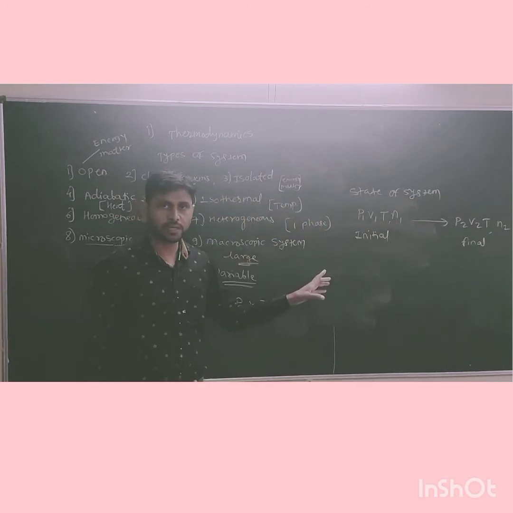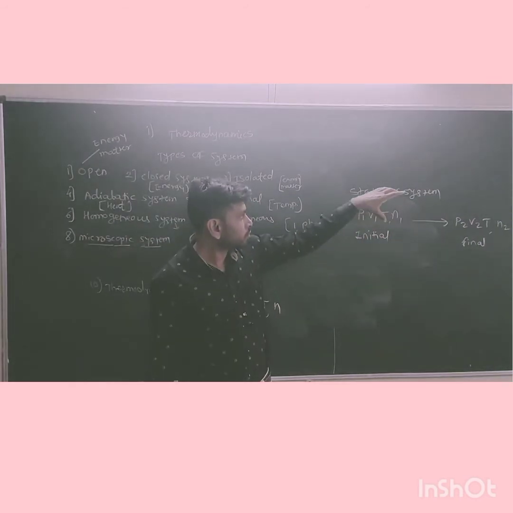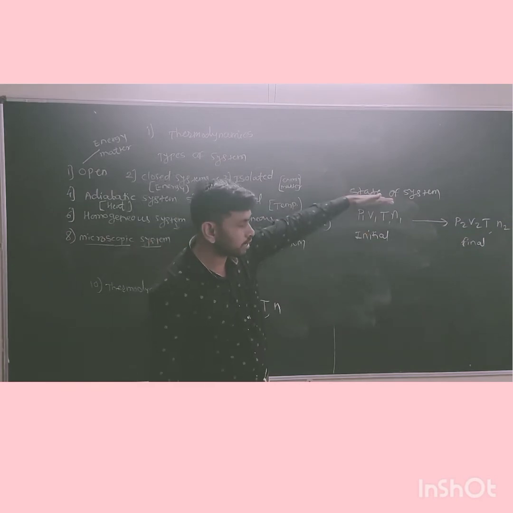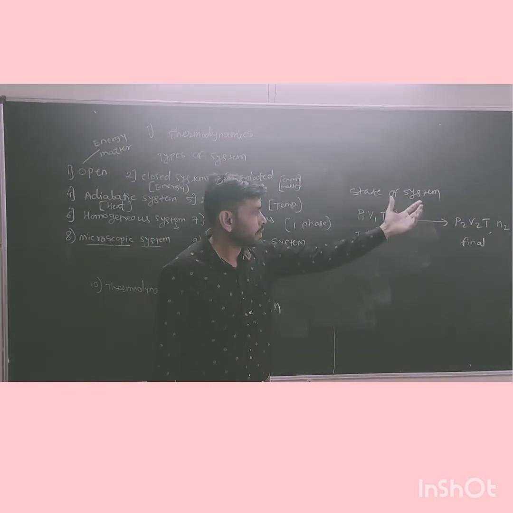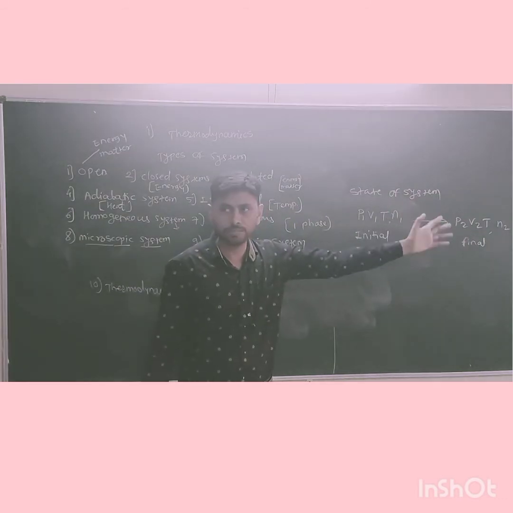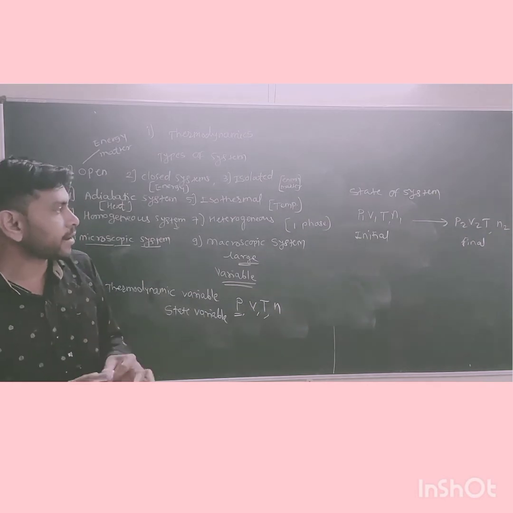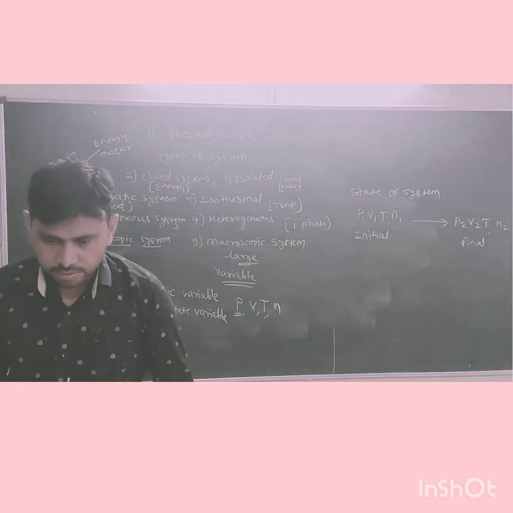State variables are important to understand the system or find out its state. If they have fixed values, that is a particular state of the system, the initial state, and if these values change but are fixed, then it is the final state. So the state is identified by state variables.